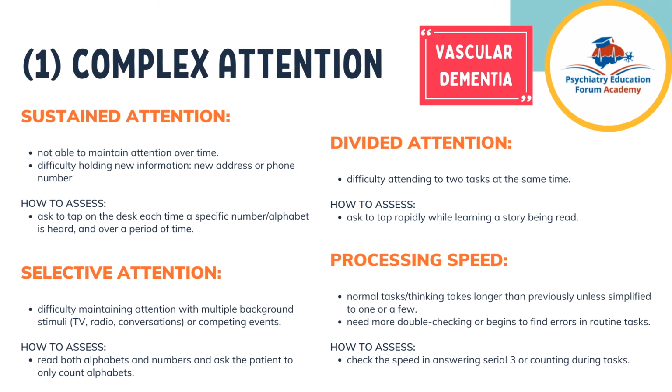Now I will end this session by talking about a scale that you can use in your daily practice. I have not included the Mini Mental Status Exam or MoCA here because they're copyrighted now.